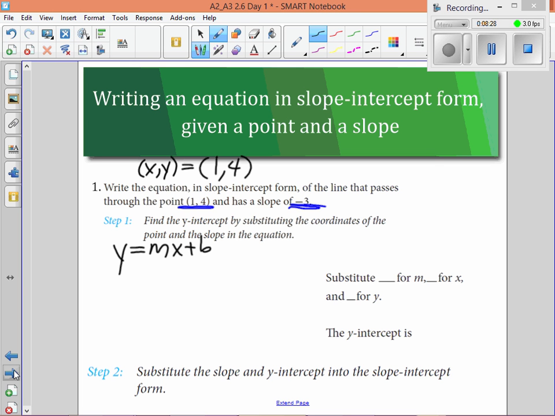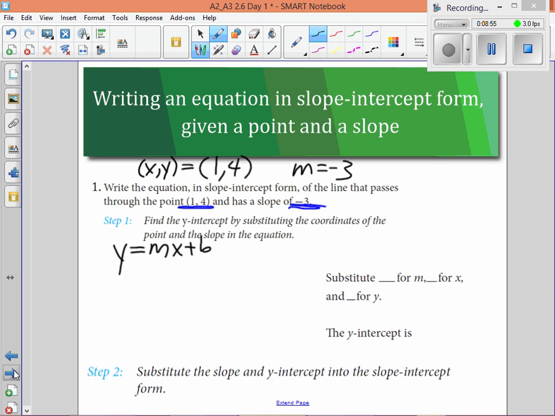So for values of x and y in y equals mx plus b, I can therefore substitute 1 and 4 for x and y respectively. The slope being negative 3, so m is negative 3. Note that x is 1, y is 4, m is negative 3. I've now taken care of three of the 4 unknowns in this formula: y, m, x, and b.